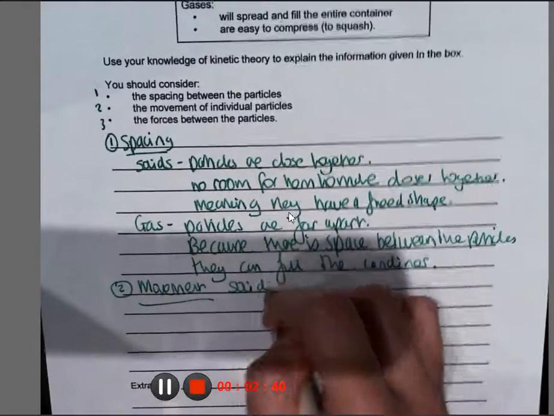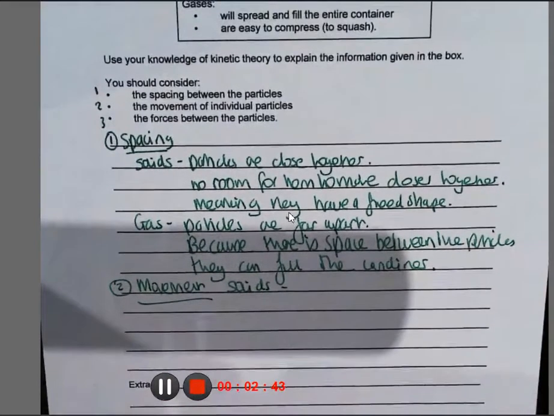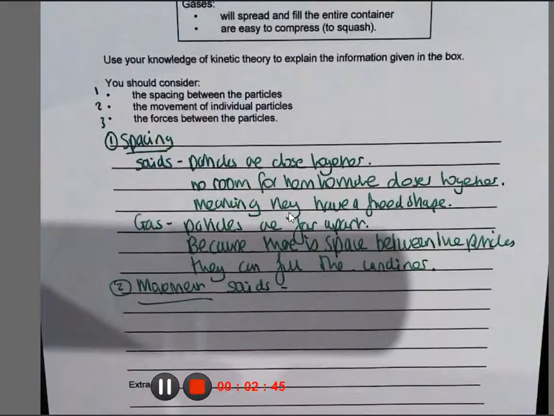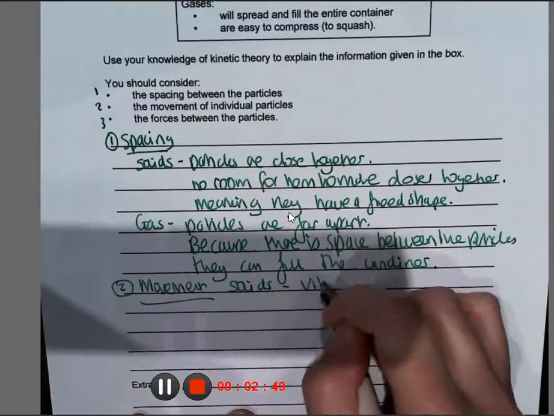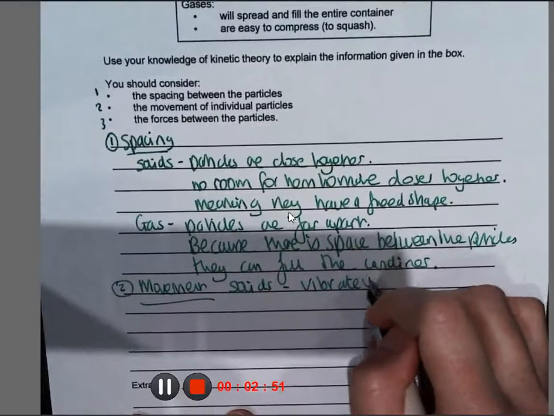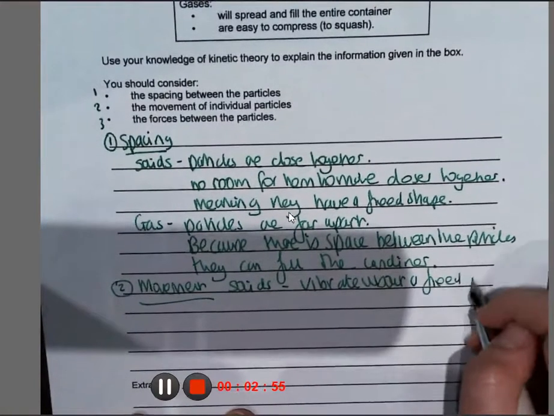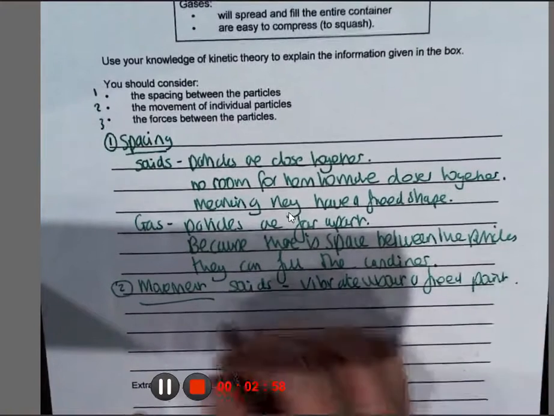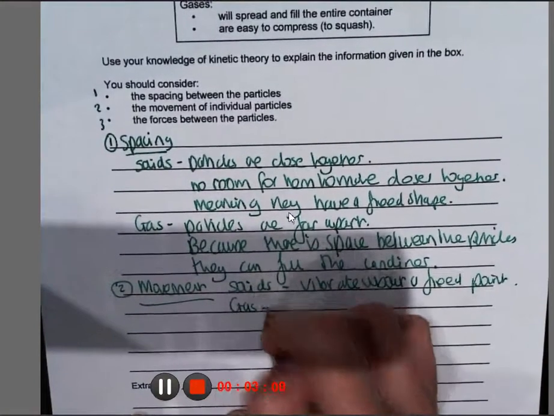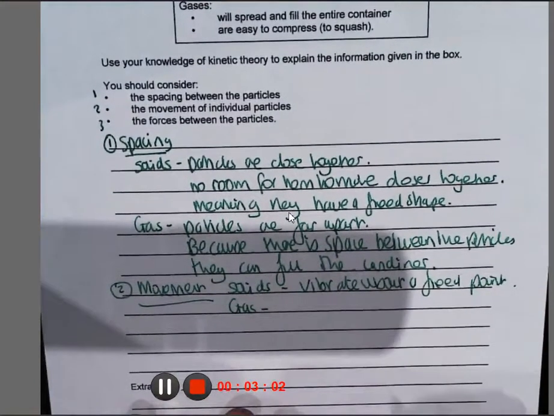So the solids, they vibrate about a fixed point. And gases, okay, they move randomly in all directions.